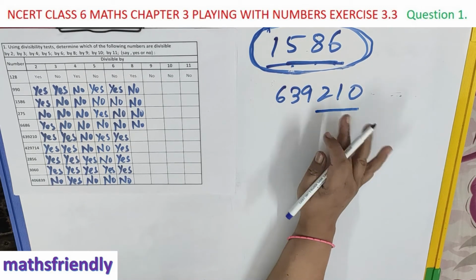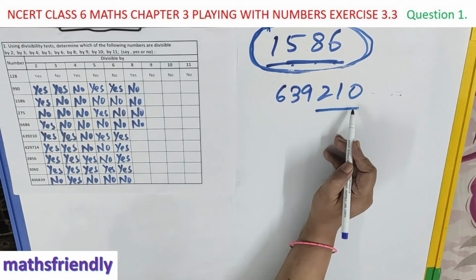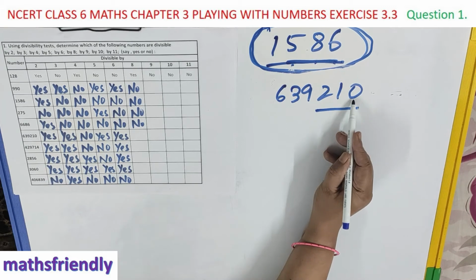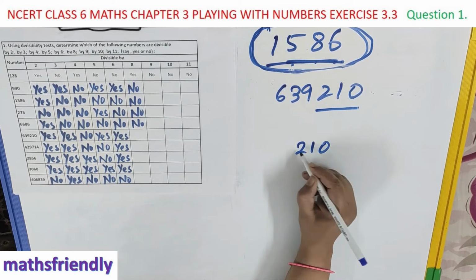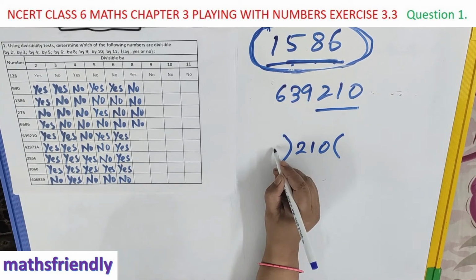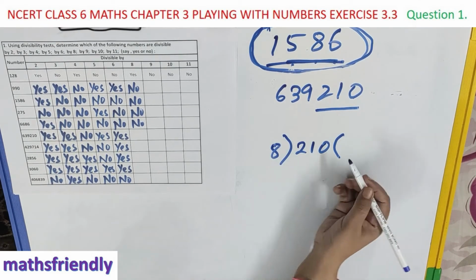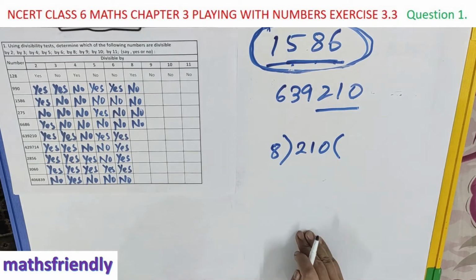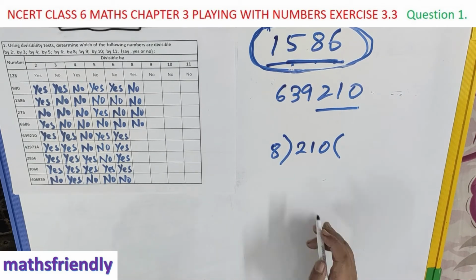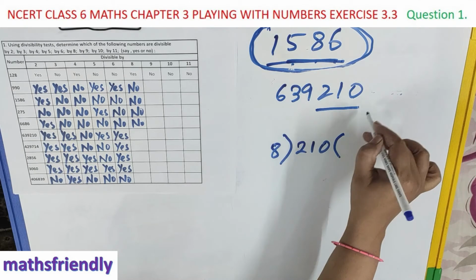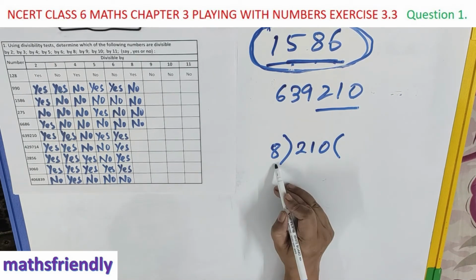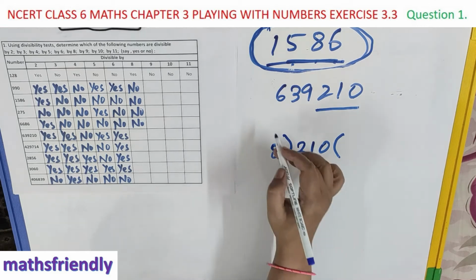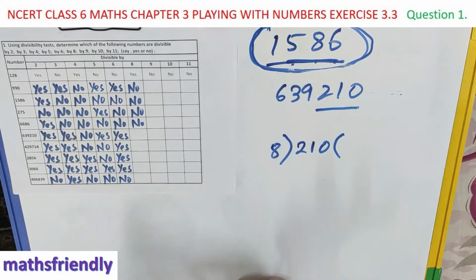We will only check the digits at ones, tens and hundreds place. We will divide the number found by the last 3 digits by 8 and check whether it is divisible by 8 or not. If not, then the whole number will not be divisible by 8. But if this is divisible by 8, we can say that the number is also divisible by 8.